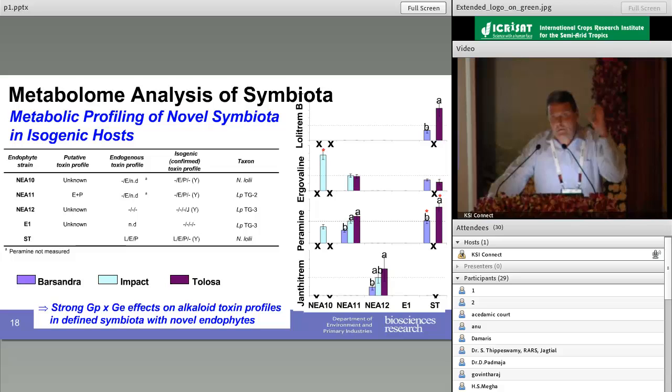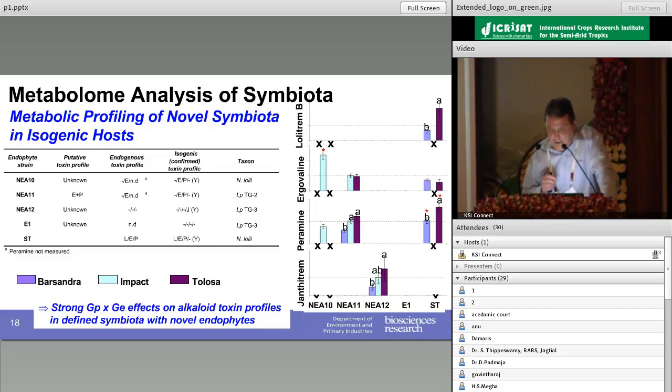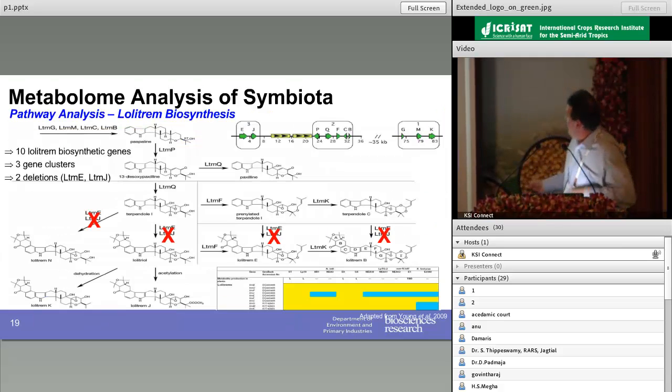This was looking at the final point of the production of the key ergoalkaloids. I showed you earlier, in the context of the pangenome analysis, that we can identify natural variants that have deletions in key biosynthetic genes. For example, endophytes that lack the last two genes, the two genes encoding the last enzymes in the pathway for the production of lolitrems, ltmE and ltmJ.